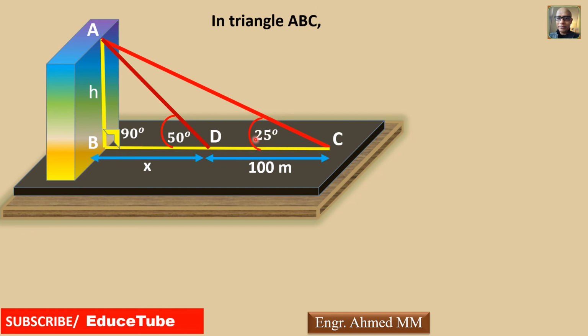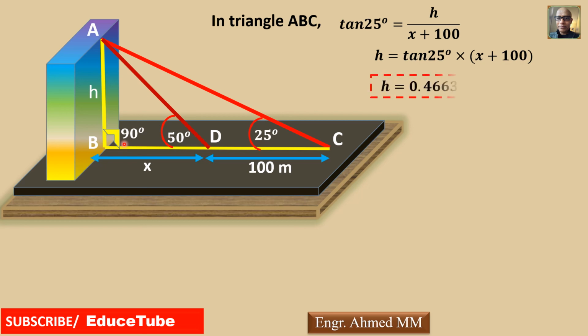and for this angle, tan 25 equals height divided by base, because it is a right angle triangle. So easily we can calculate h equals tan 25 times (x plus 100), and putting the value of tan 25 we get the equation as this one.